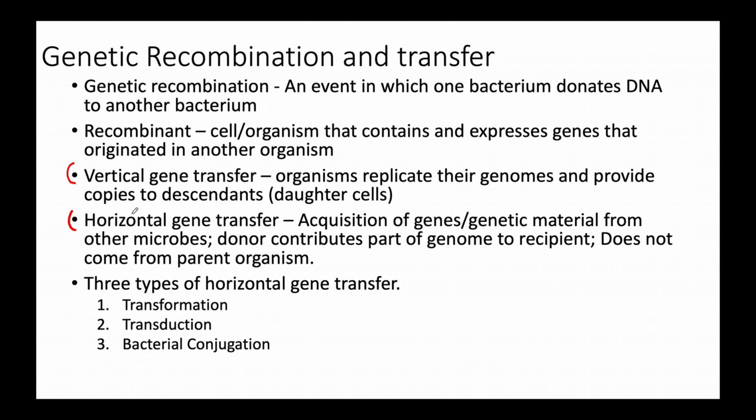These are obviously directions, so you have to remember what they mean. Vertical is up and down, and horizontal is side to side. Bacteria do have vertical gene transfer because during reproduction and binary fission, one bacterium generates two, and genetic material is transferred to each of those daughter cells.